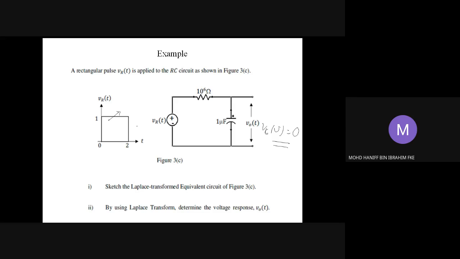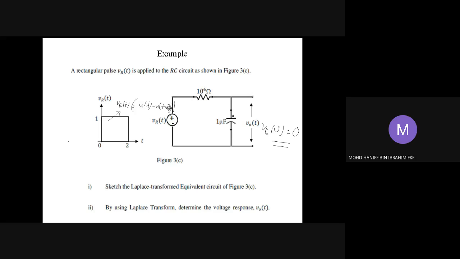The best signal to be used here is the step function, in which I can write v_R(t) equals u(t) minus u(t minus 2). That should be the simplest representation of v_R(t), which can be simply transformed into the s domain using the properties that we have learned yesterday.